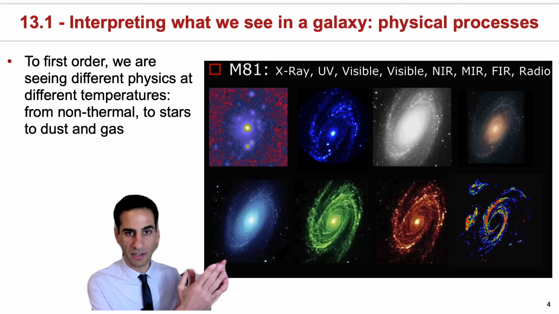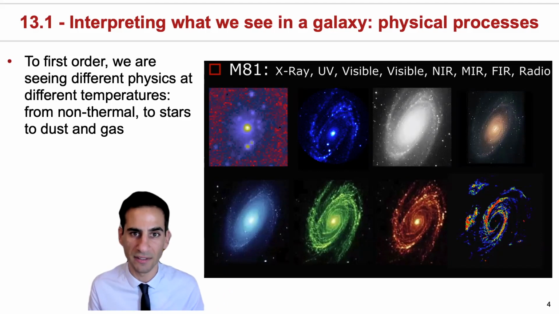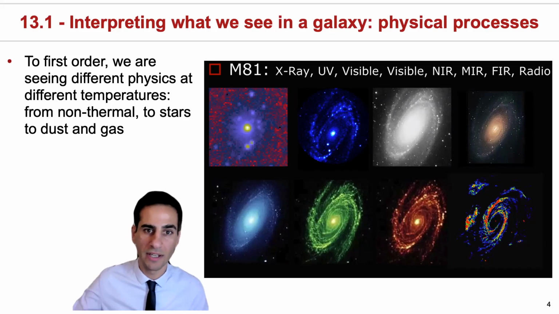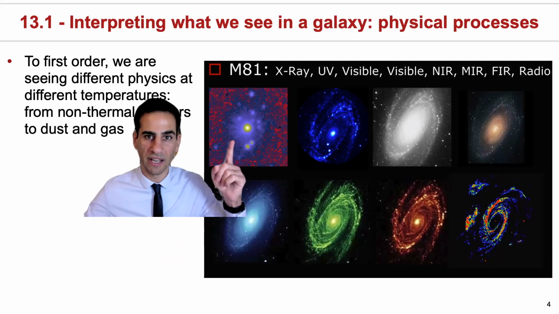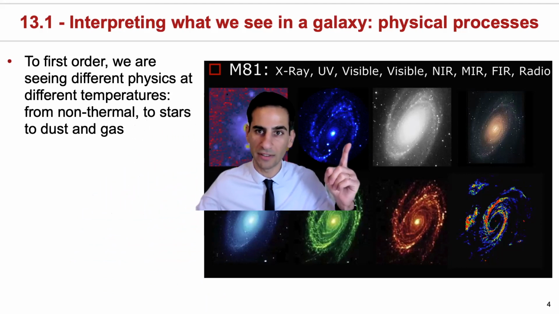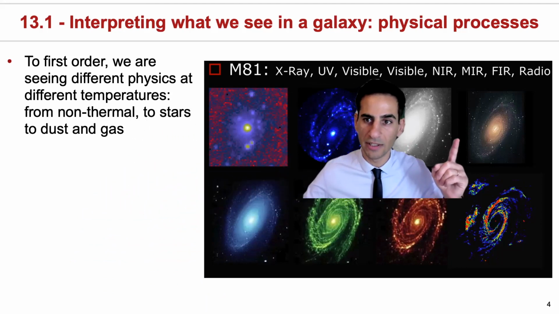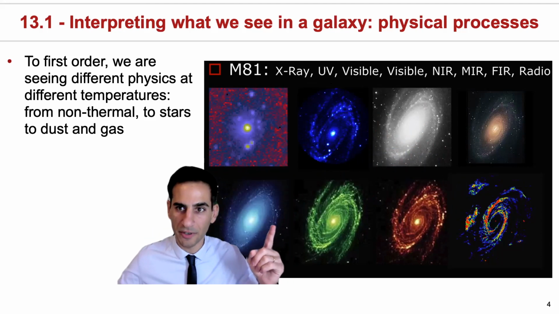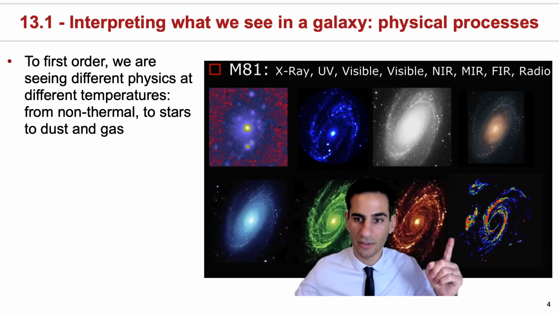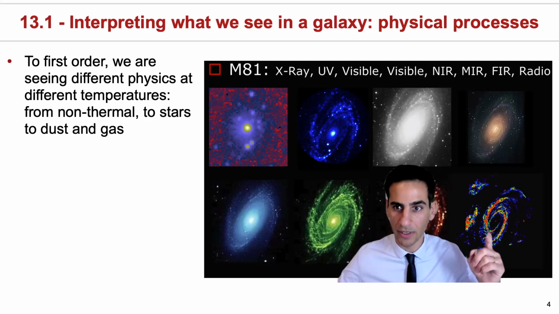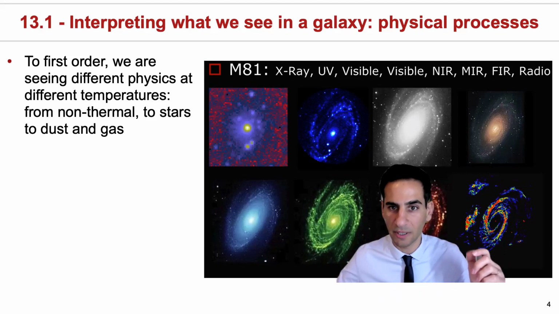On the pictures here, you can see the same galaxy. This is M81, seen all the way from the X-rays to the ultraviolet, then visible, near infrared, mid-infrared, far infrared, and also going all the way into the radio. And what we can actually see is that the features that are revealed by different wavelengths show very different structures.